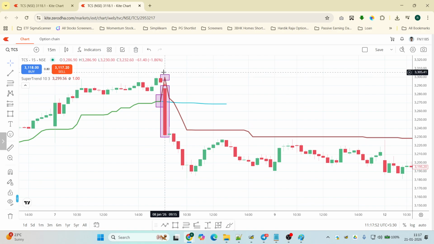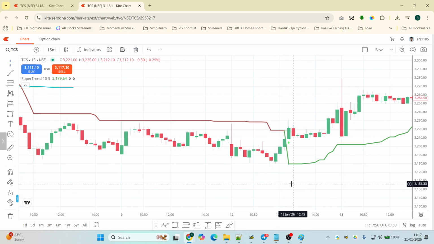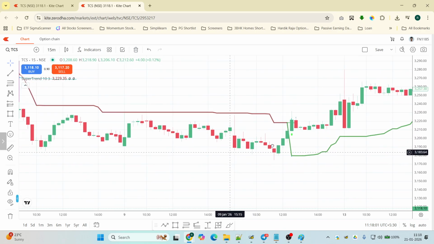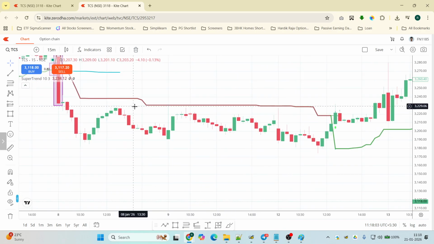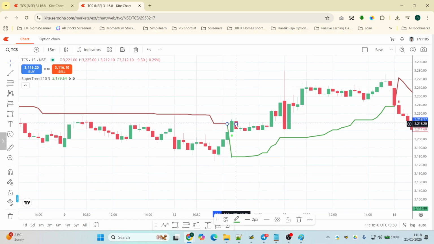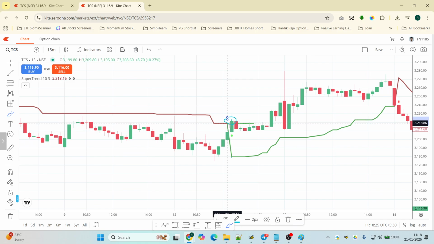And until this trend reverses, the super trend indicator will continue to remain the same. As the price goes down, super trend will also recalculate. And here, if you closely observe, this is the level of the super trend which was in a sell trend. Now this candle has closed above the super trend.